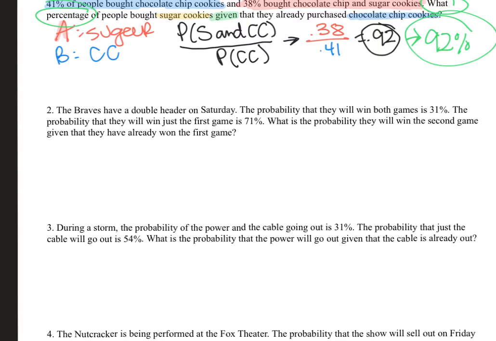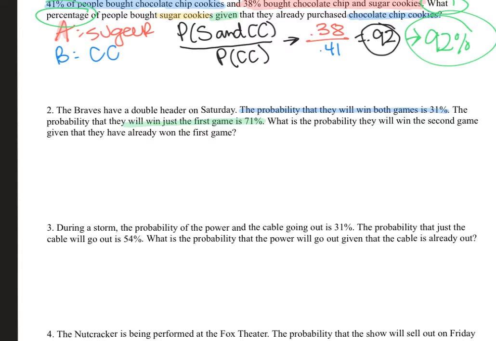So I'm going to highlight some stuff here. The probability that they won both games is 31%. The probability that they win the first game is 71%. I need to find the probability of the second game given that they already won the first game. So I know my numerator is my and statement.